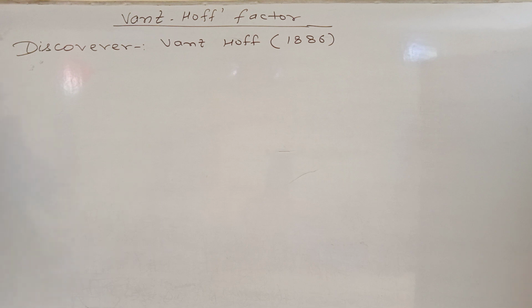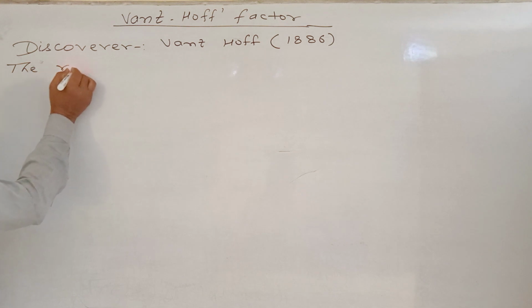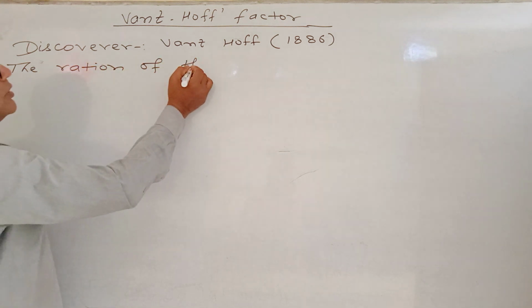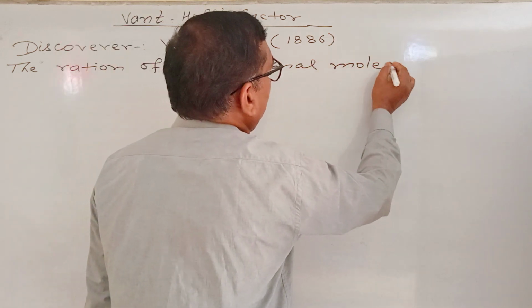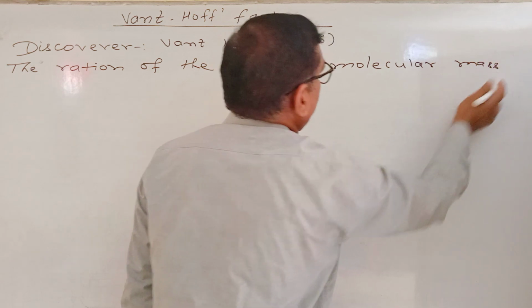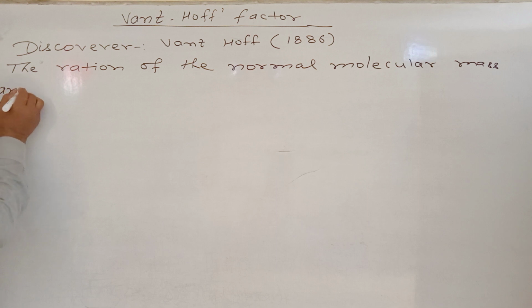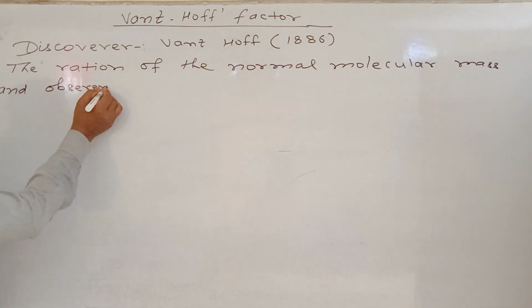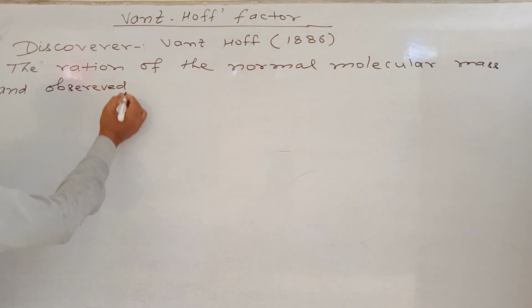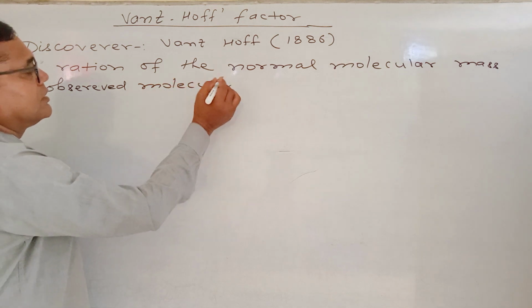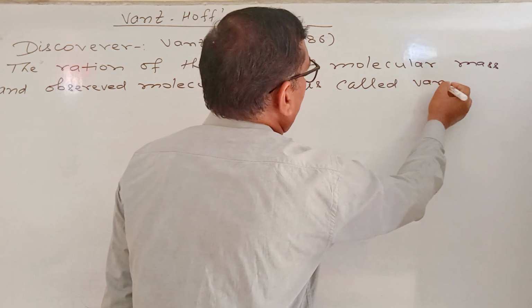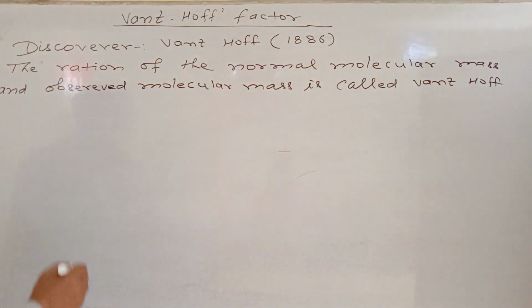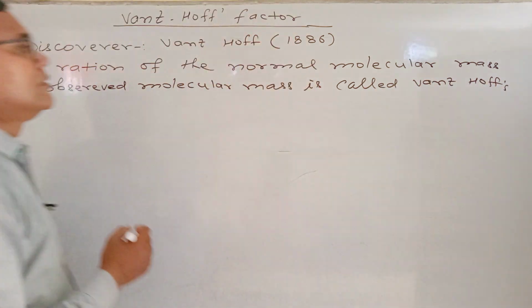Definition of van't Hoff factor: the ratio of the normal molecular mass and the observed molecular mass is called van't Hoff factor.